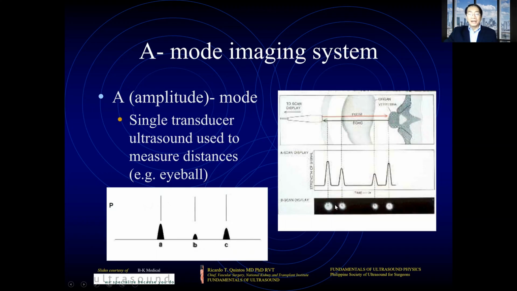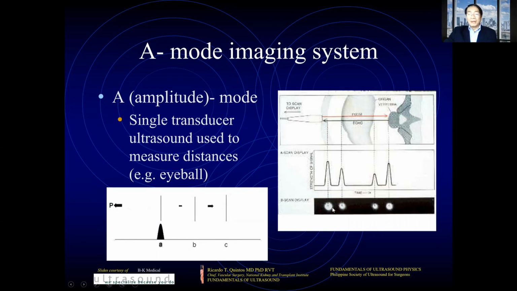So you will see here that the intensities of the lights are seen at different distances because there is a structure. For example, the structure of the skin, and then the organ of interest, and then the spine, and then there's the in-between retroperitoneal tissue.